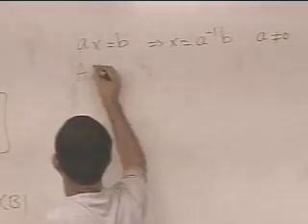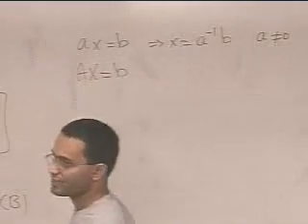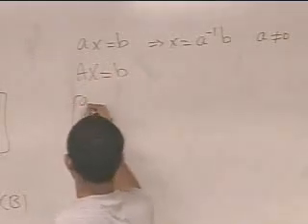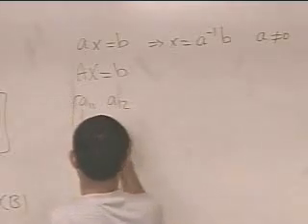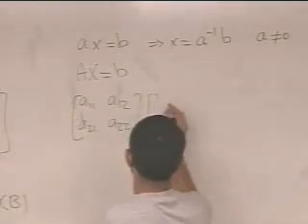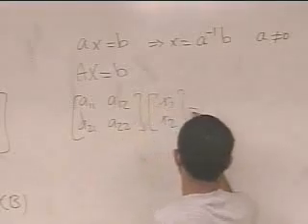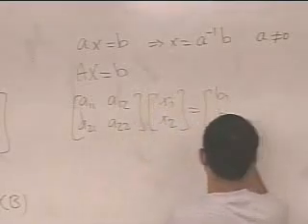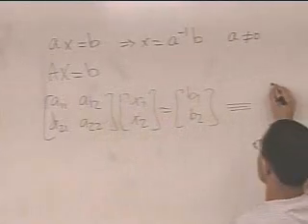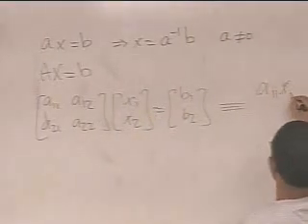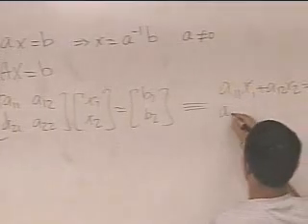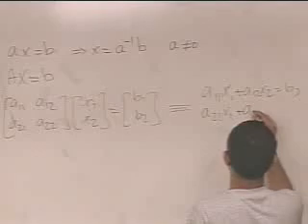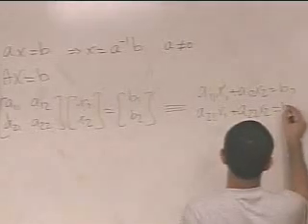Now, if you have a system of equations, we call it Ax equals b, which is just equivalent to writing a11 x1 plus a12 x2 equals b1 and a21 x1 plus a22 x2 equals b2. So this is just writing it in matrix format.